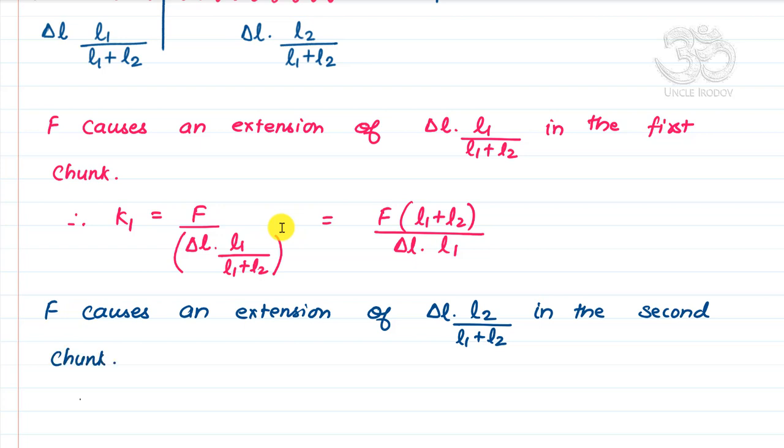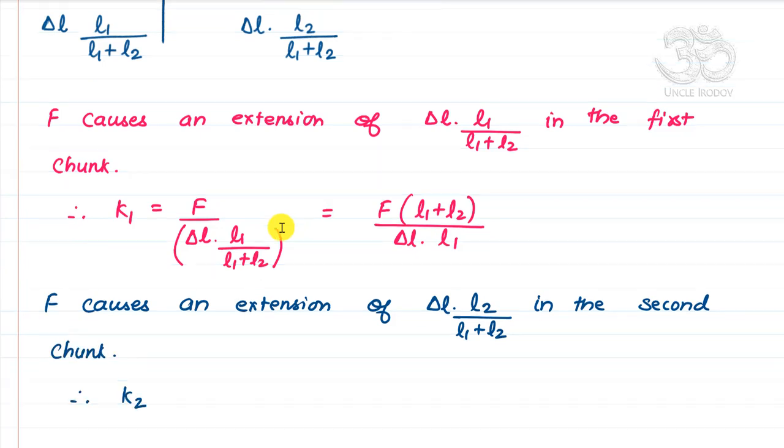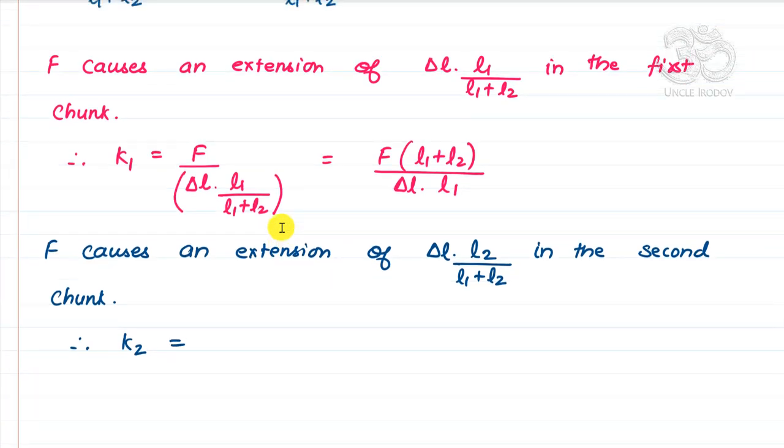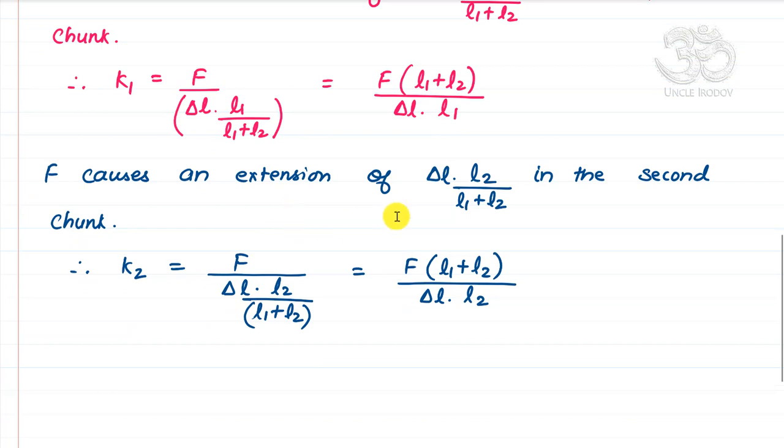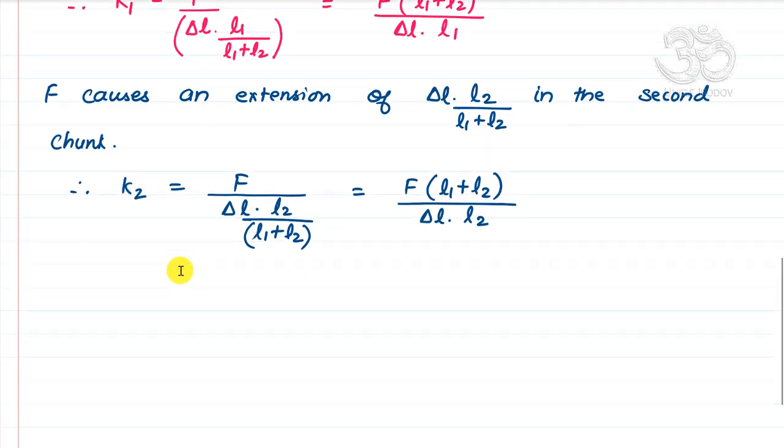So therefore the spring constant of the second chunk, K2, will be F, the force, divided by the extension delta L times L2 by L1 plus L2, which will give you F times L1 plus L2 divided by delta L into L2. And from these two equations which I have here on the screen, I can try to figure out the ratio K1:K2.